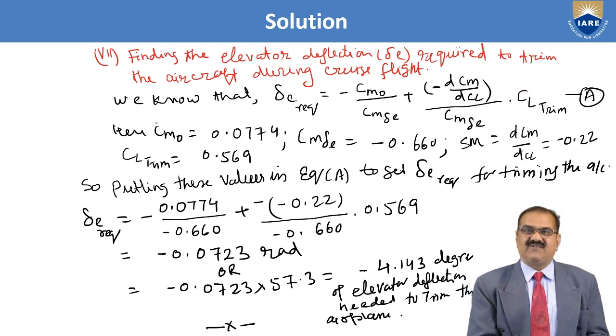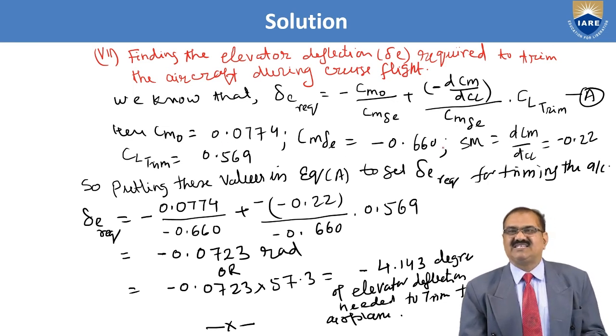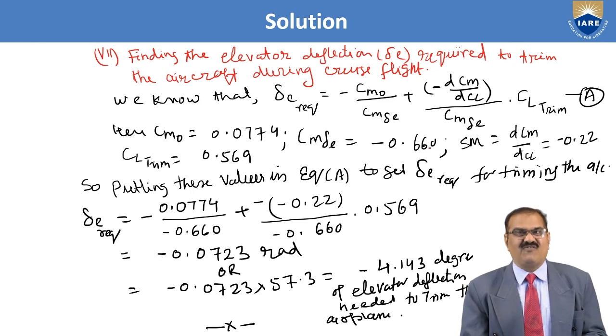Here Cm naught is given as 0.0774, Cm delta E is given as 0.660, and the static margin we just found is minus 0.22.